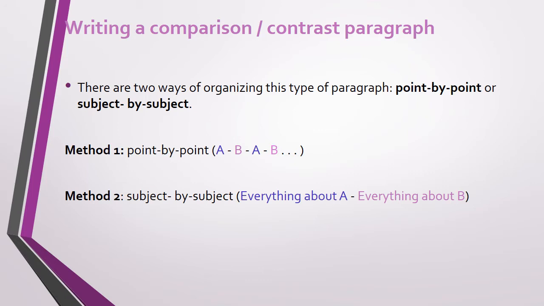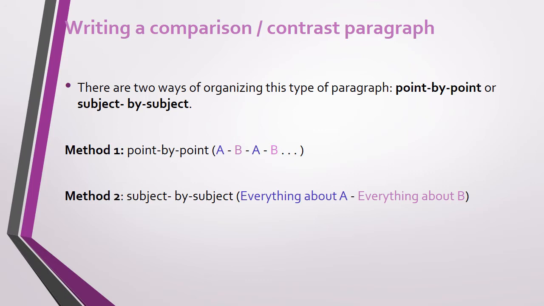Here there are two methods of organizing information, method 1 and method 2. The first one is called a point-by-point organization, and the second one is called a subject-by-subject organization. Method 1, point by point. When I say point by point, I mean feature by feature.